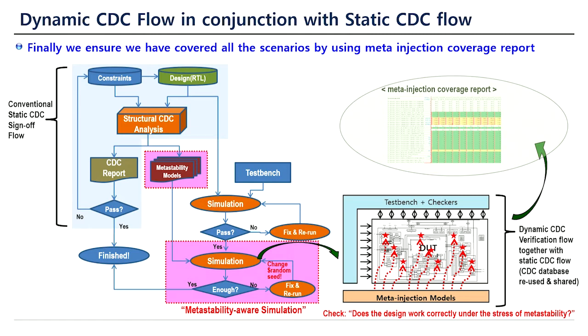Based on this information, after clearing functional verification without any metastability effect, we can include those models in the testbench top and run all the simulations many times with different seeds, because we need more severe randomness.